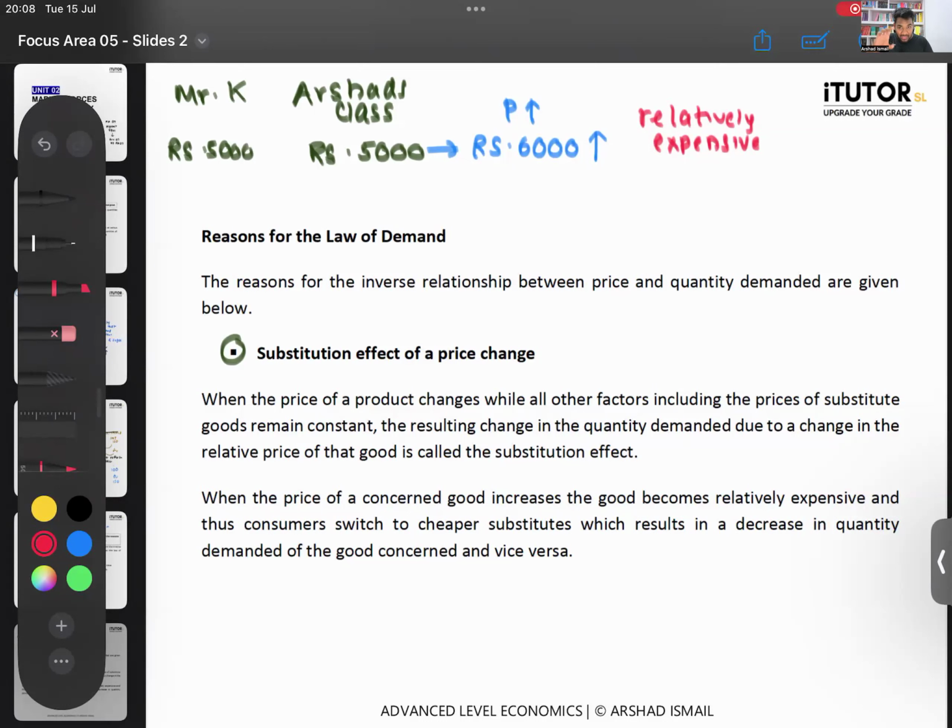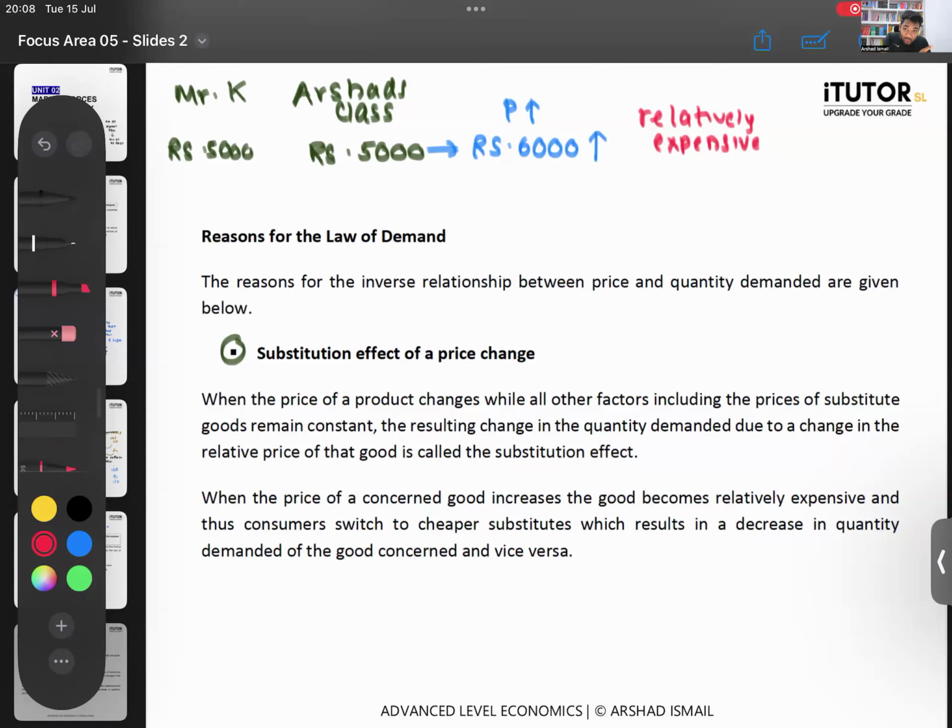So when the price of a good increases, understand the story. When the price of a good increases, that good becomes relatively expensive. Then what do consumers do? Consumers will switch to the cheaper substitute. Our good is the concerned good. When the price of the concerned good increases, the concerned good becomes relatively expensive.